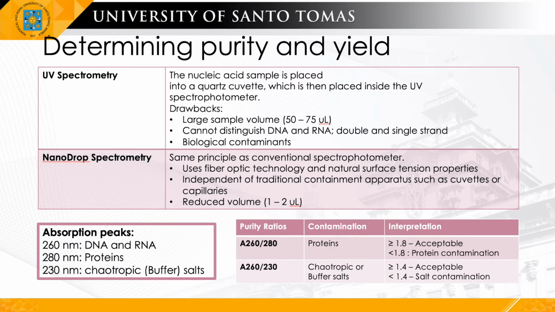And it requires much reduced volume, around 1 to 2 microliters, compared to UV spectrometry. Please take note of the absorption peak of your DNA and RNA at 260. Proteins are at 280, and the buffer, the chaotropic salts, are at 230.